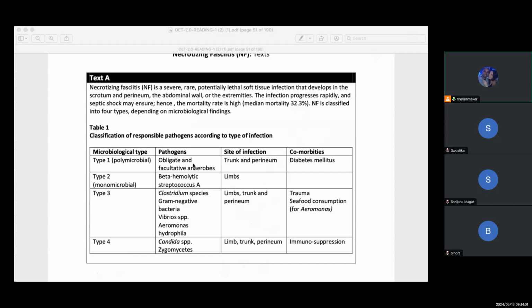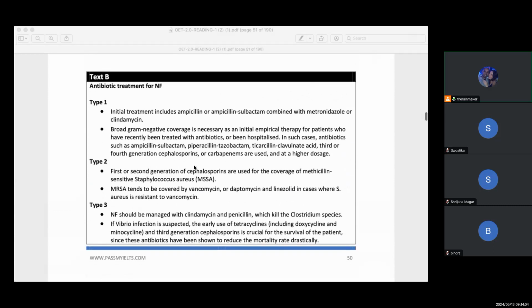Now it's B's turn. Let's go to B. Now this also has a heading. I'll give you a minute, scan it. Just read it.